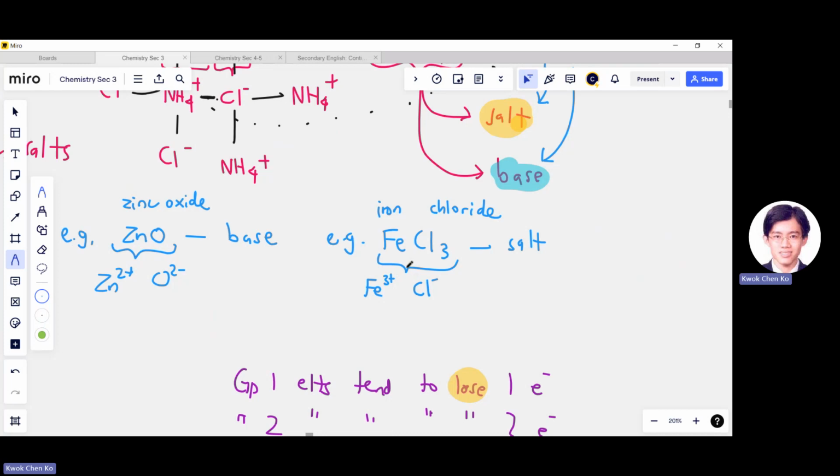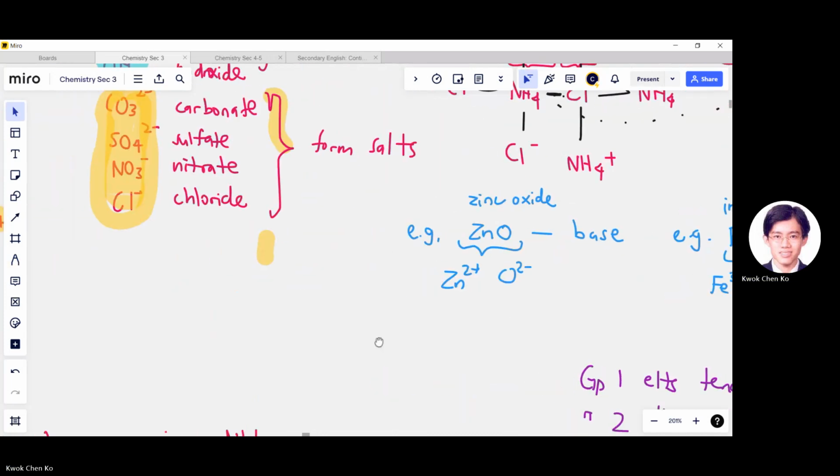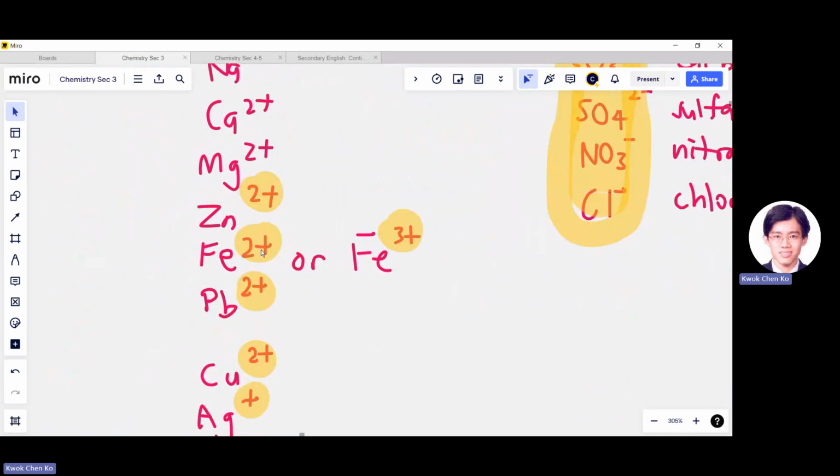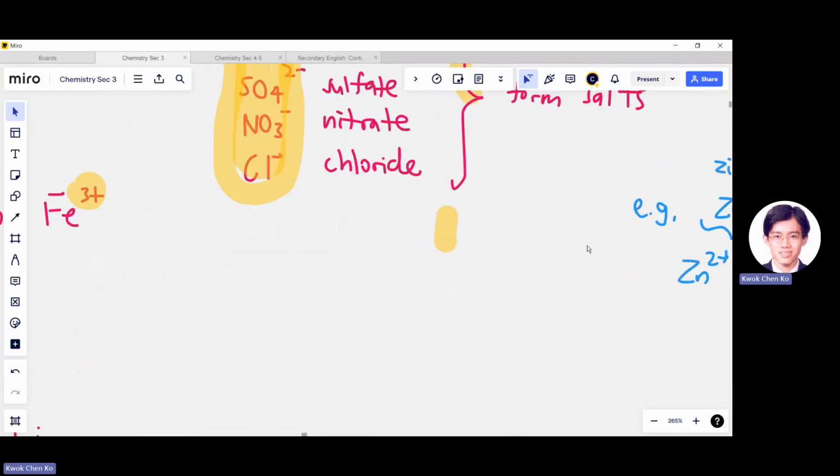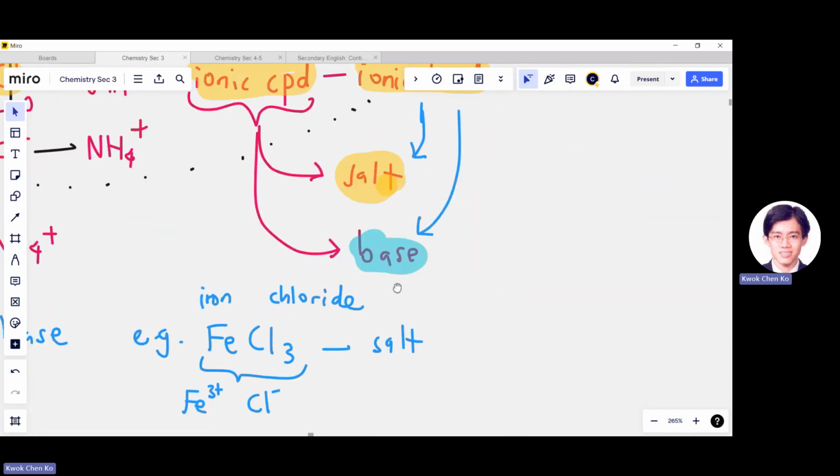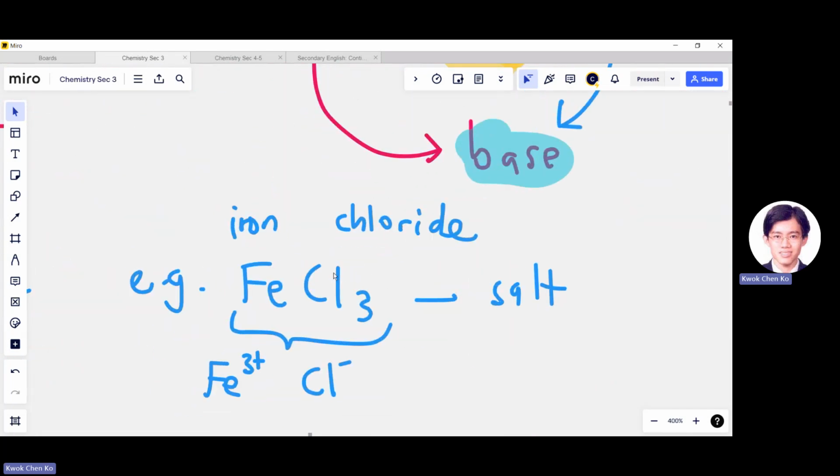But there's one important thing about iron. Sabrina, I don't know whether you copied this. Iron can be 2 plus or 3 plus. Okay, so therefore, in this case, it's 3 plus, and therefore, I need to include something else in the name. I need to include this Roman numeral 3.